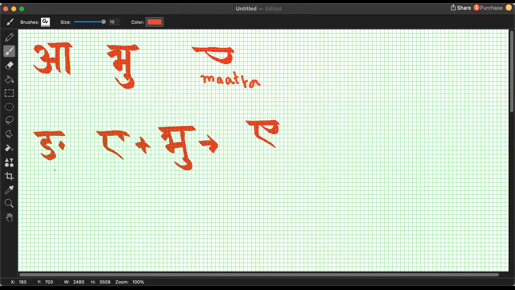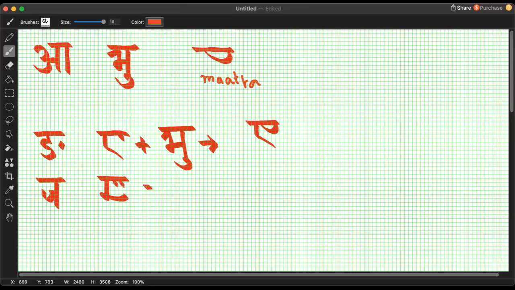Next, we have J. In Devanagari, we know J is written like this, right? Okay, this is J. In Sharda, the alphabet for J has two small lines here on the top.